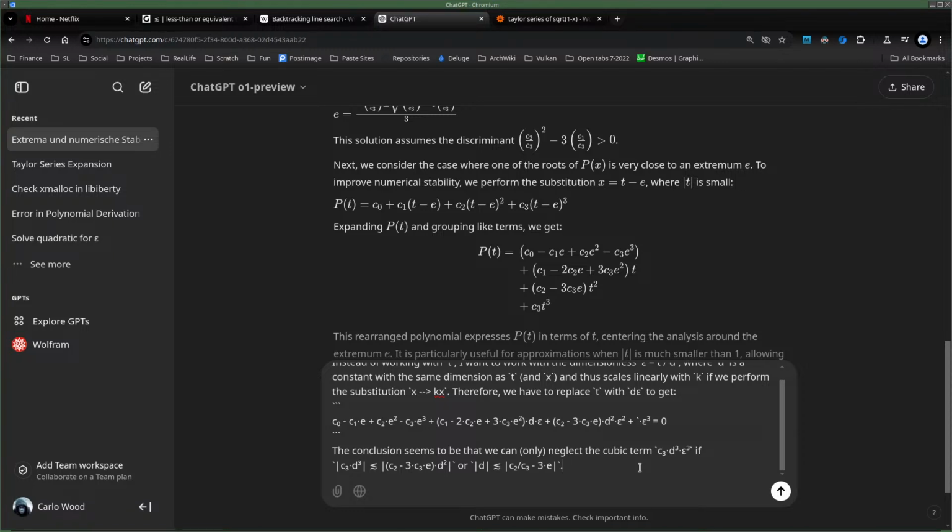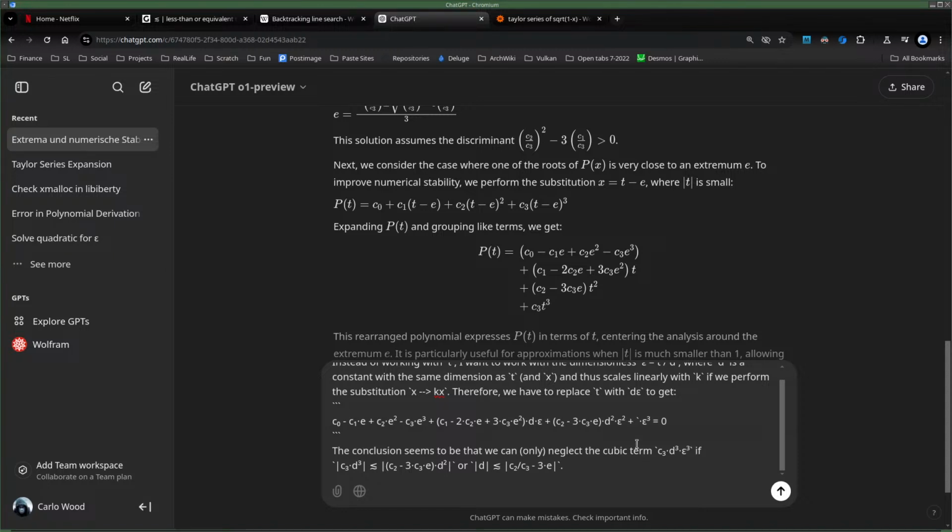Except of course that we set d equal to that thing. Yeah, still not quite right.